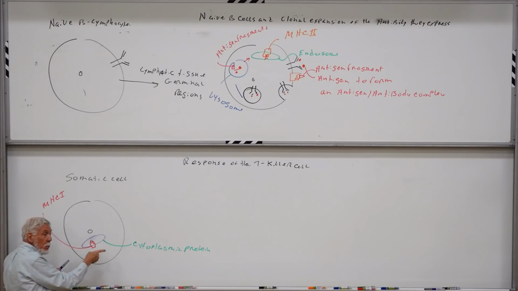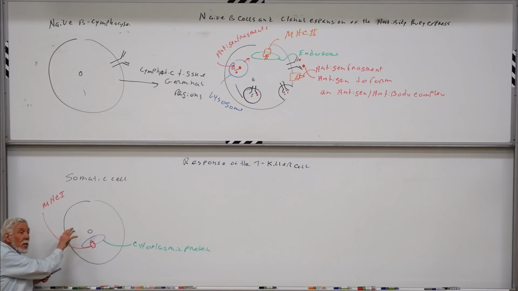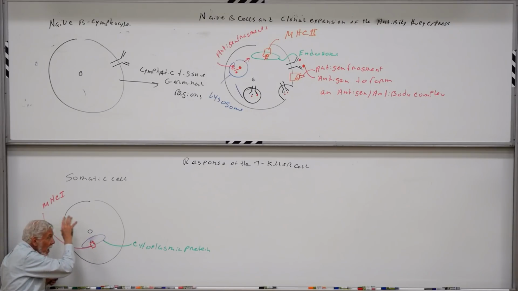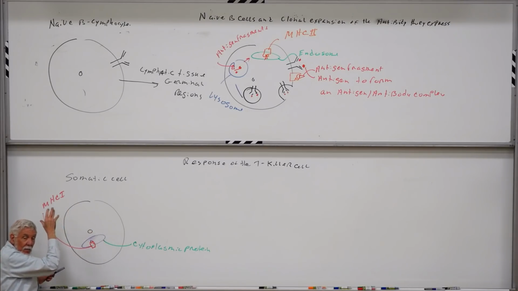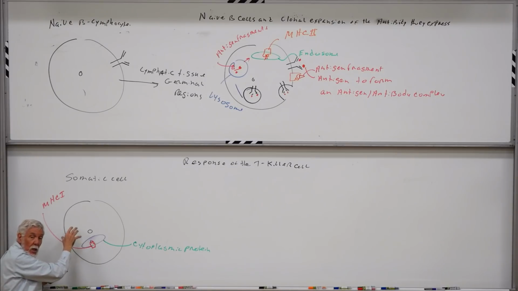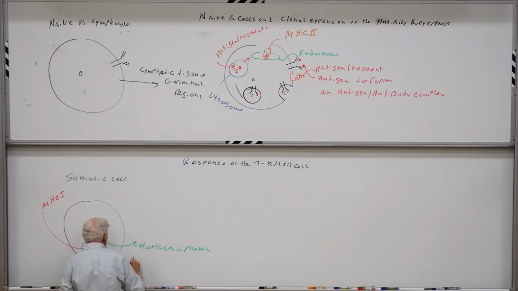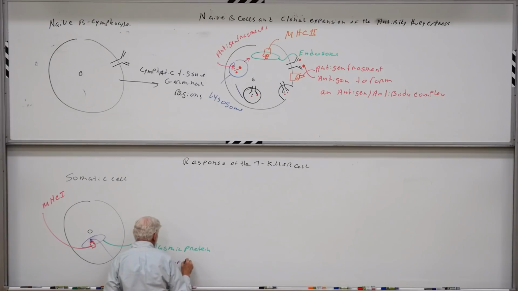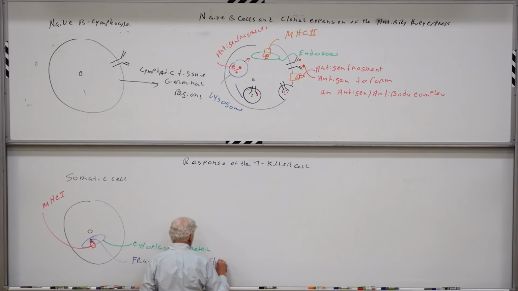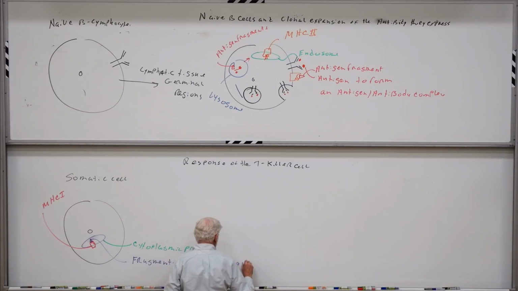Normally, these are cytoplasmic proteins, but if this happened to be a cell that had been invaded by an influenza virus, the influenza viruses we talked about earlier in the epithelial cells, then among the protein fragments that may be displayed out here would be a fragment of an influenza virus.